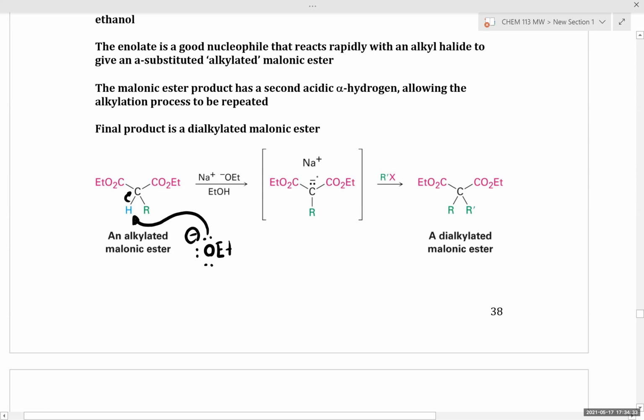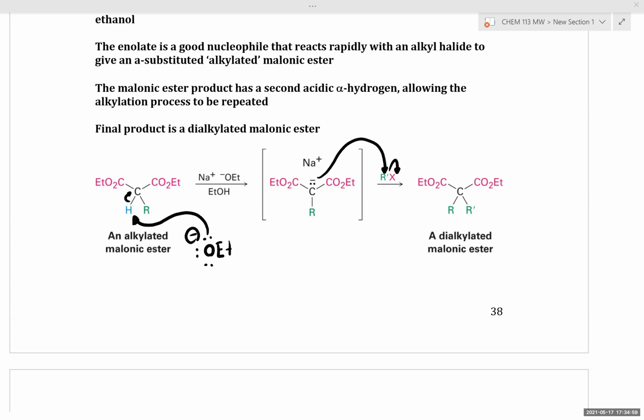From here, we can alkylate our malonic ester enolate with a second, potentially different alkyl halide. This gives us a dialkylated malonic ester. So we can control the alkylation reactions and we can generate mixed alkylation products with chemoselectivity.